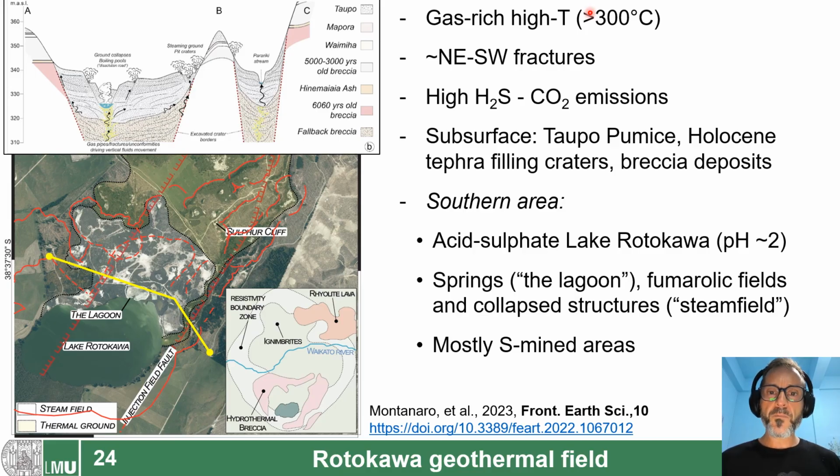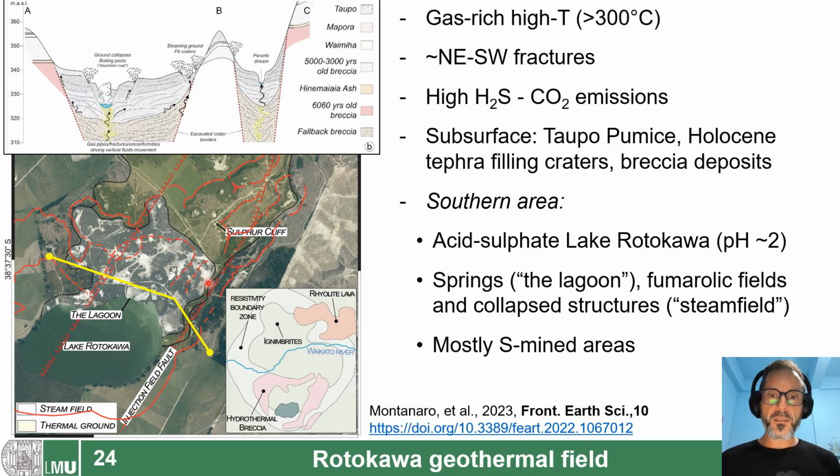In the southern area, the key feature is Lake Rotokawa itself, an acidic sulfate lake filling up one of the largest hydrothermal craters. Nearby there are hot springs, fumarolic fields and collapse structures. This area has mostly been defined as the steam field and corresponds to the mined area during 1960 to 1990, when native sulfur was extracted.